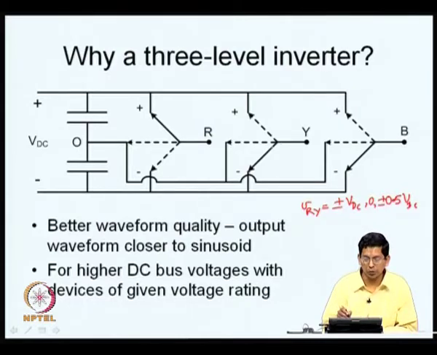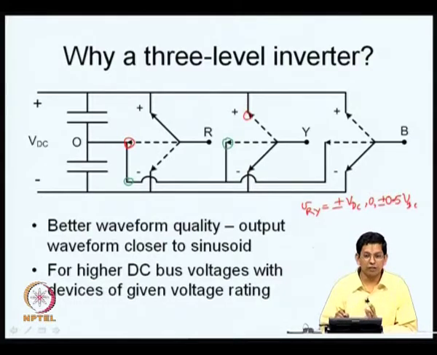Then Y can be connected to the top throw and R to the middle throw. This will give you minus 0.5 VDC. Alternately, you can connect Y to the middle throw and R to the bottom throw, once again giving you minus 0.5 VDC. So, a 2 level voltage source inverter can give you only 3 different instantaneous values of line to line voltages, plus VDC, 0, minus VDC.